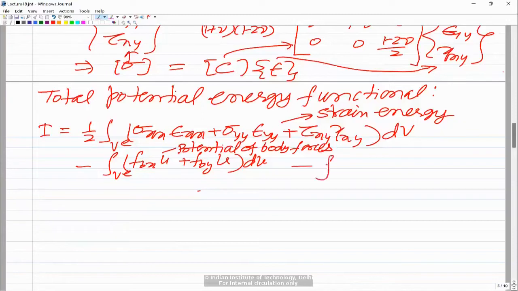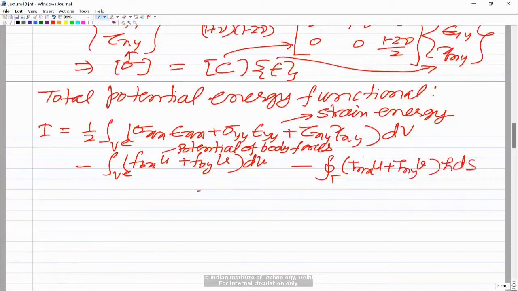Then on the boundary also there are forces acting on the body. Those we call boundary tractions. So boundary tractions I'm denoting by Tnx and Tny. So Tnx into u plus Tny into v, and if it has a thickness h, into the arc length, that is length along the boundary, ds.